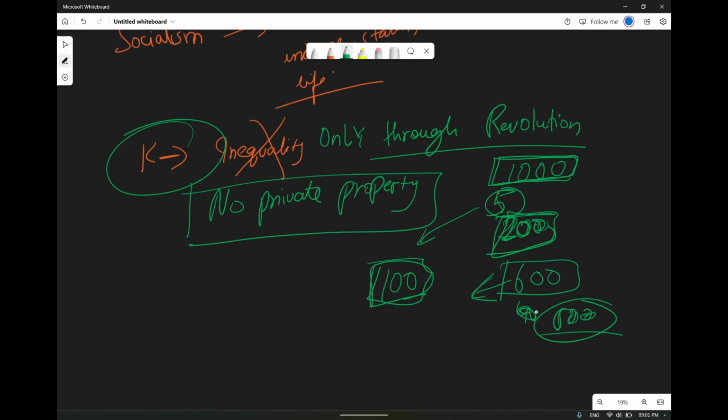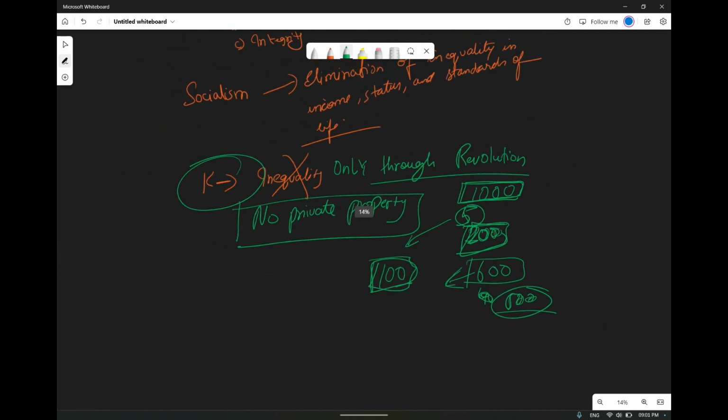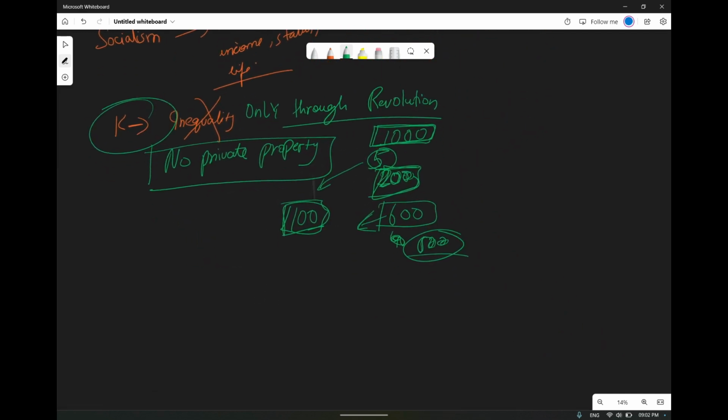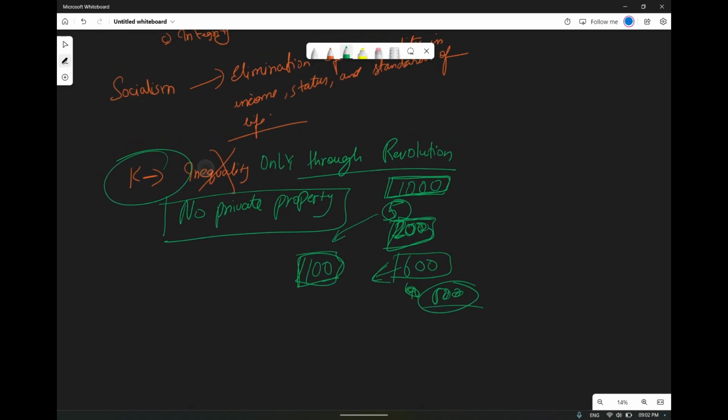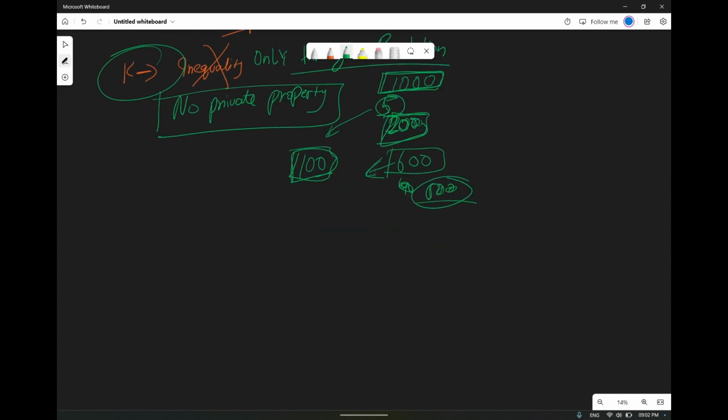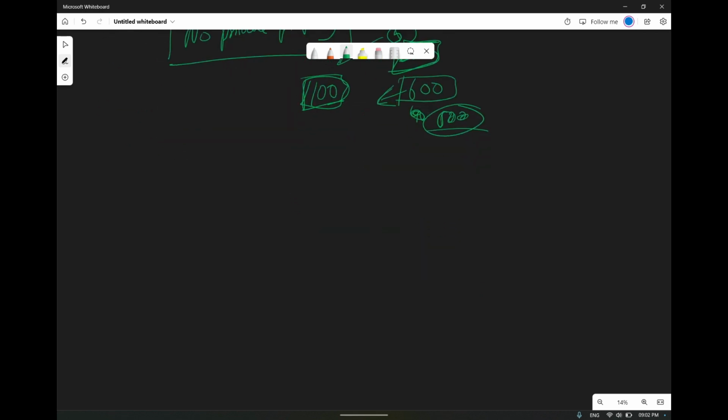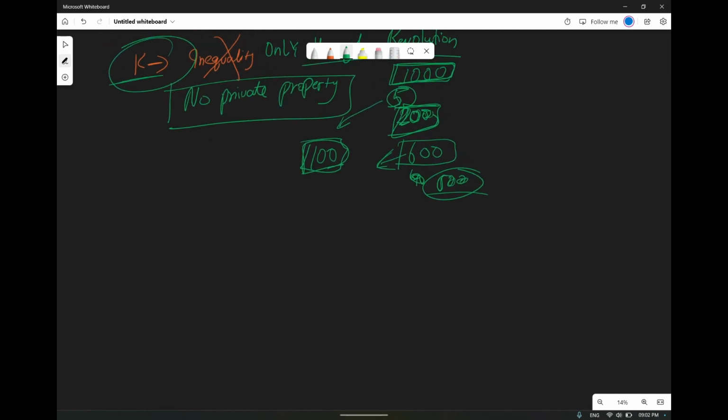Now that is not our socialism. We are not talking about this socialism in the preamble. What socialism we are talking about in the preamble, we'll see. Karl Marx is telling that we will achieve equality only through revolution.